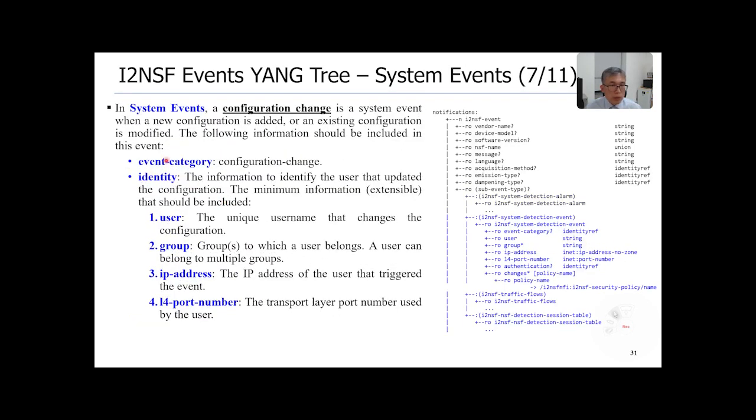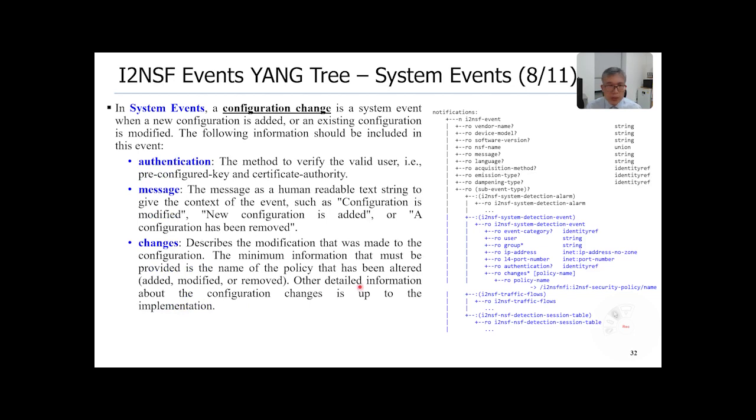And also configuration change, the second system event category. So this is when a new configuration is added, or an existing configuration is modified. The fields are event category and identity. Identity also similarly consists of user, group, IP address, layer 4 transport layer port number, and configuration change.